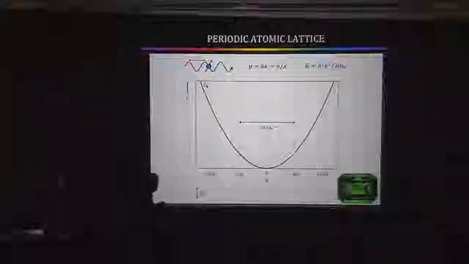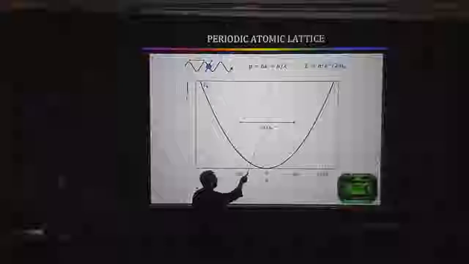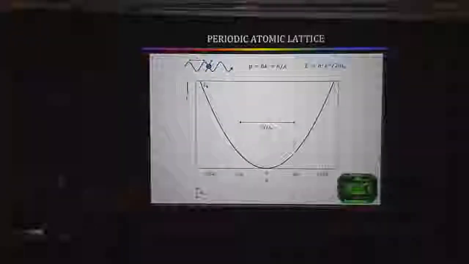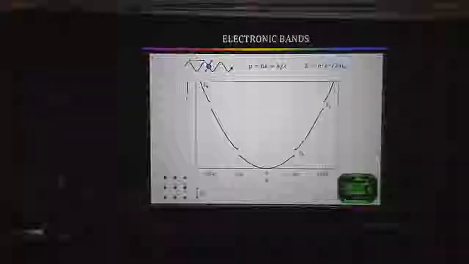If you consider the distance between the atoms to be a special wavelength, then you can represent it in this space as 2 pi over that distance. That distance sets some very particular wave vectors and energies for electrons in a real crystalline material.